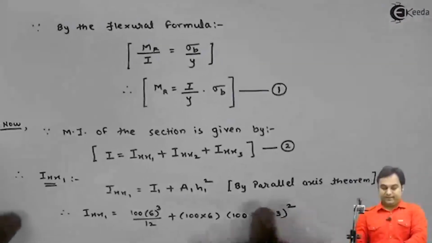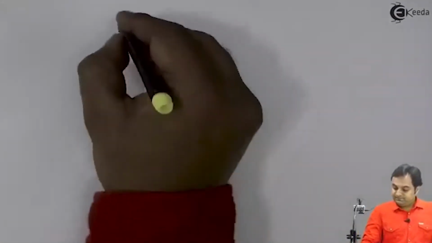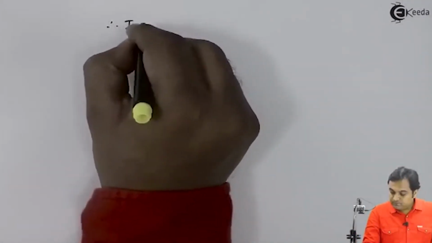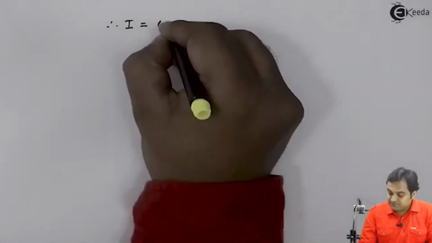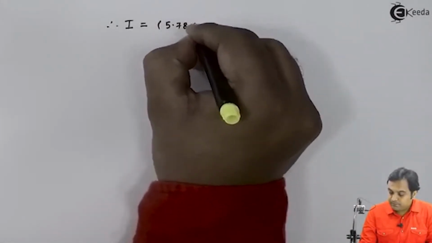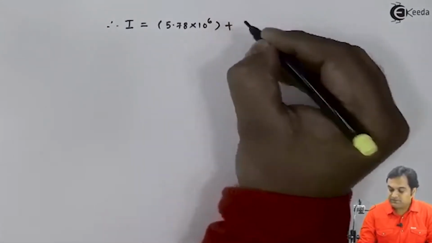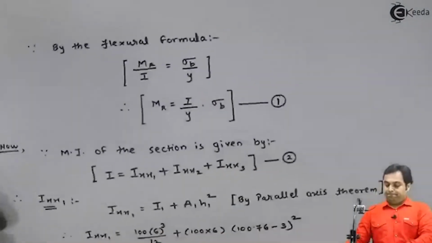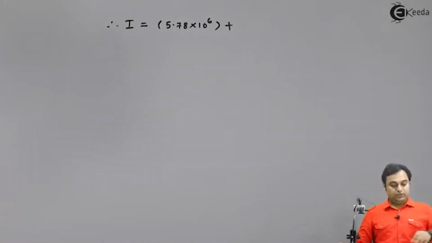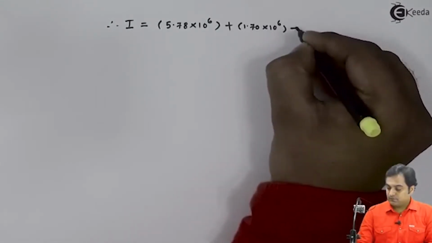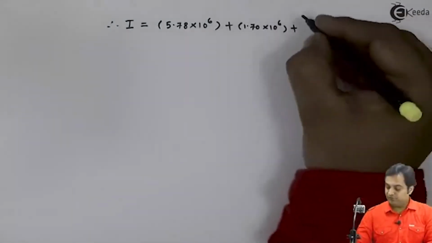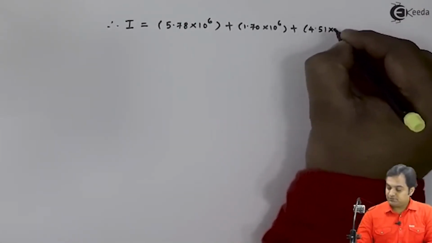So if I look into equation number 2, here I have capital I is equal to Ixx1, whose value is 5.78 into 10 raised to 6, plus Ixx2, value is 1.70 into 10 raised to 6, plus Ixx3, the value is 4.51 into 10 raised to 6.